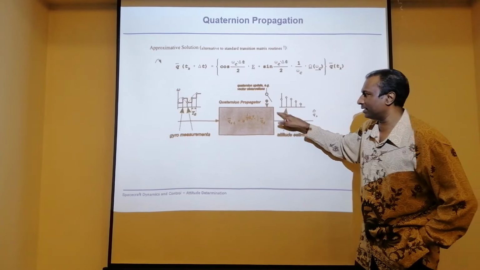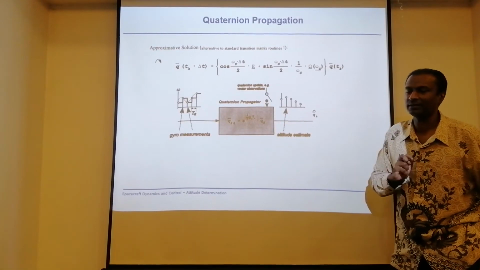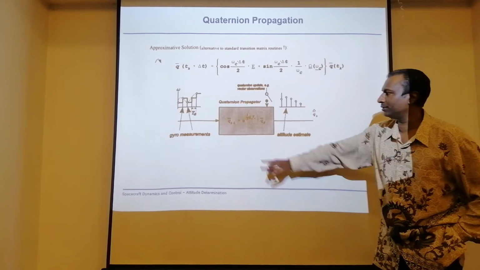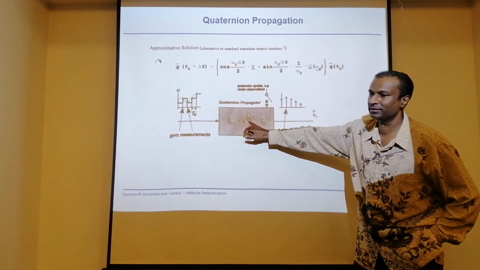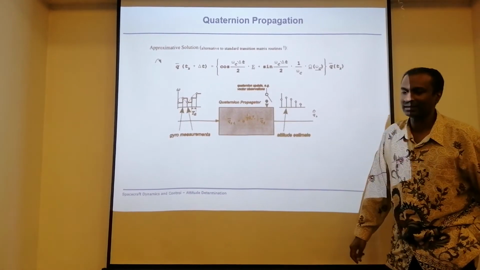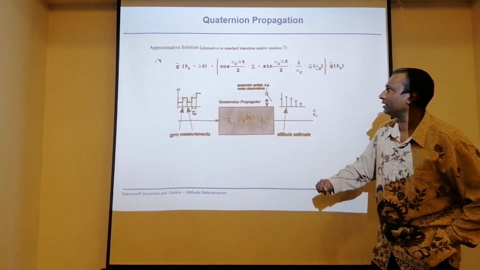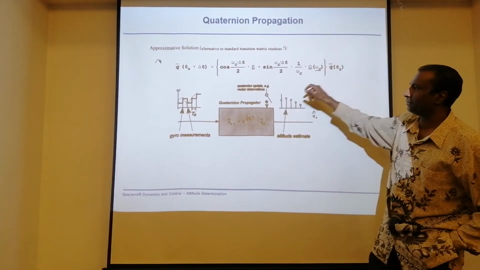But again, my quaternion propagator is defined just like in my previous slide as well. So we keep on updating the value omega in the propagator. That means this is your transition matrix. We can actually do that. And as you can see, same updates.